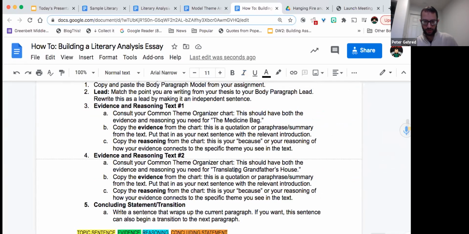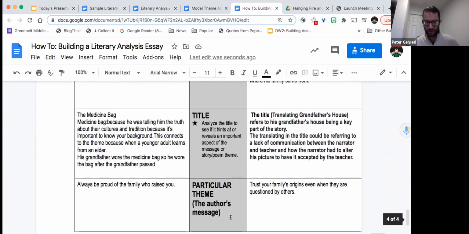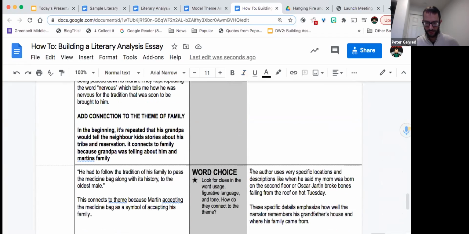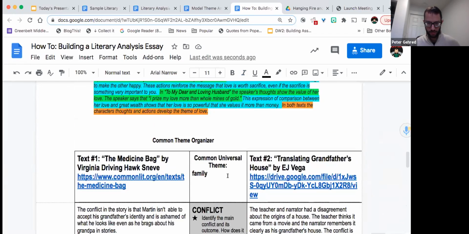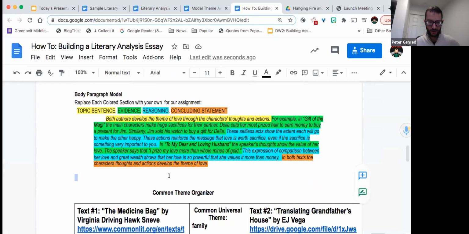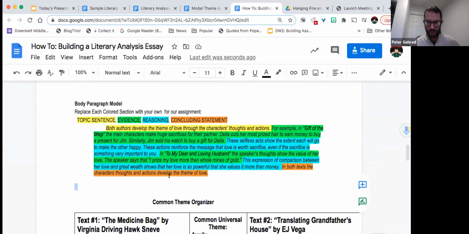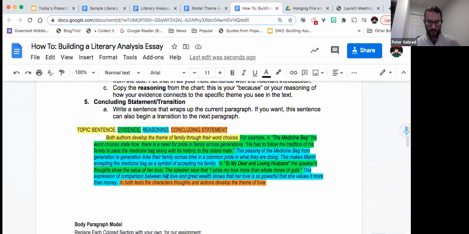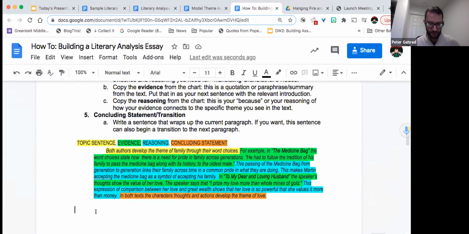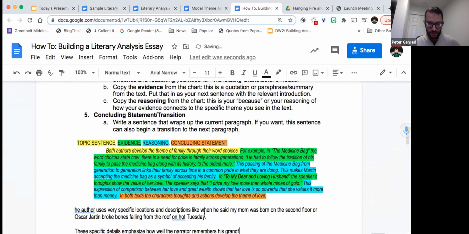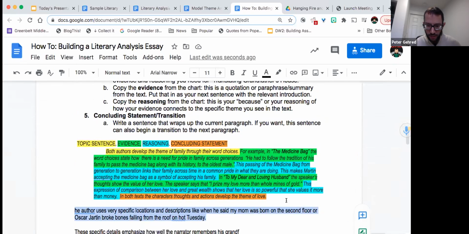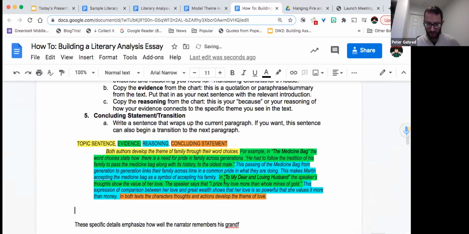For translating grandfather's house, we go down to word choices, you go to that same blank, you bring this up. Bring it down here so you have it right below what you're working on. This is our second column of evidence.